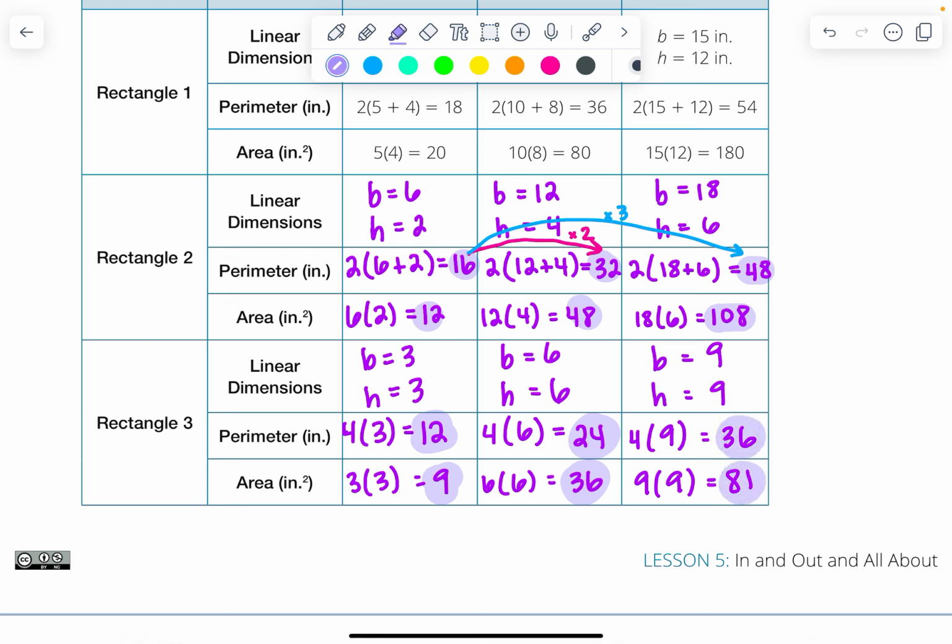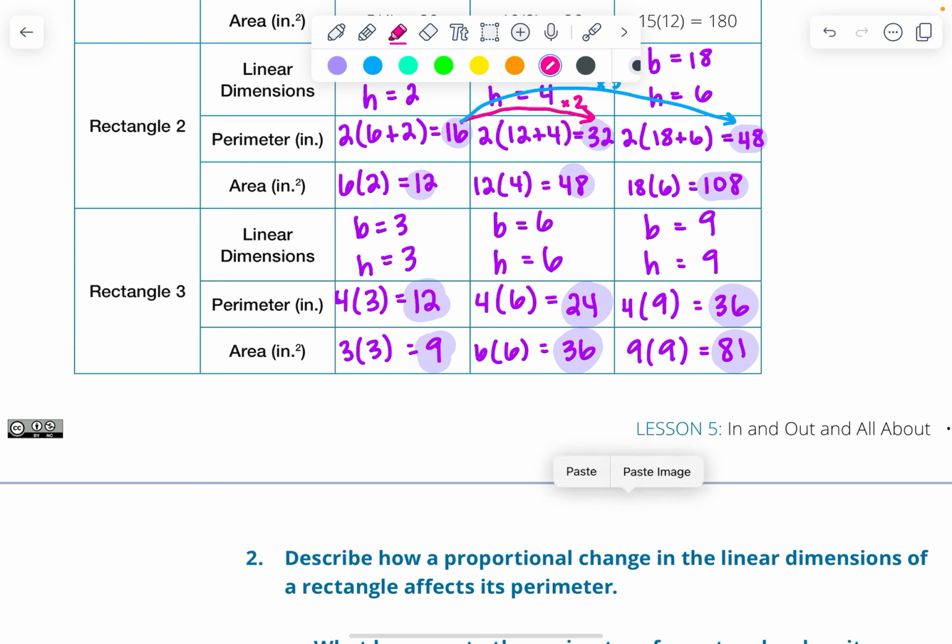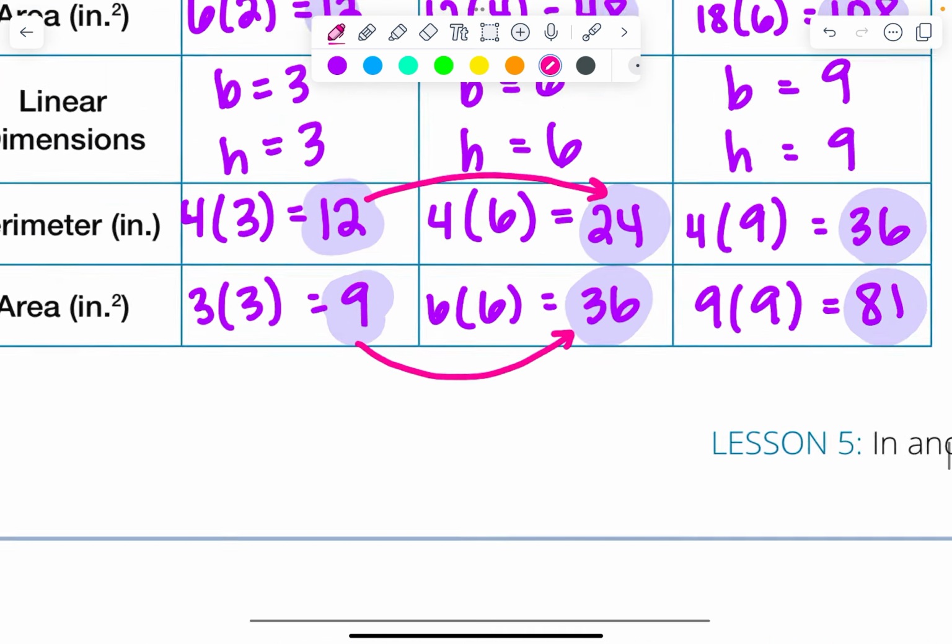So again, when we double the dimensions, the perimeter also doubles. When we double the dimensions, the area gets multiplied by 4.